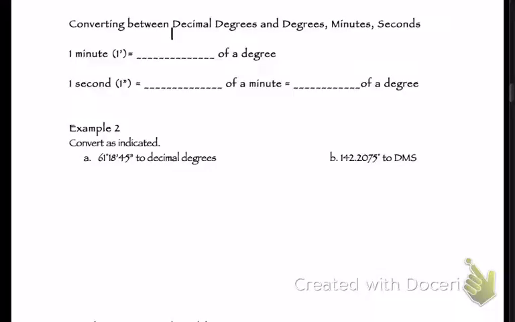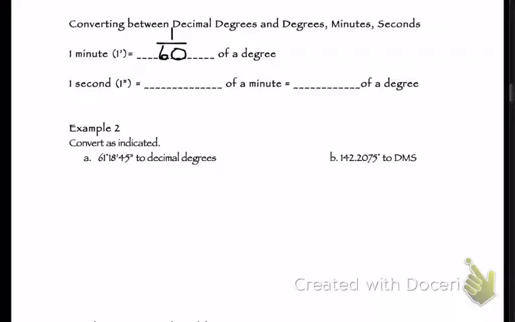Okay, so I will tell you that 1 minute is 1/60th of a degree. Think about it. If the degree is the larger, it would make sense that a minute is a fraction of the degree. So 1 minute is 1/60 of a degree. Think 60 minutes, right? Understand 60 seconds in a minute.